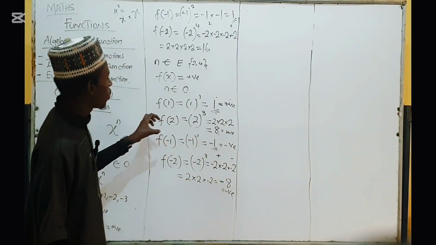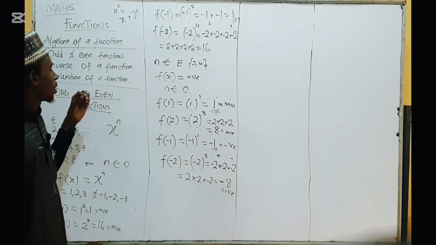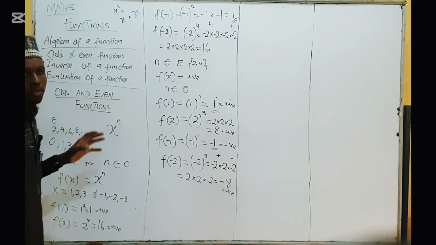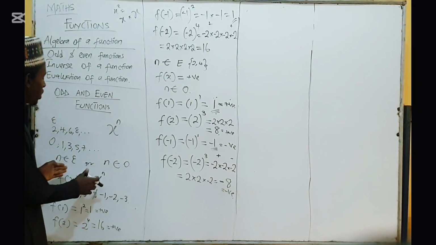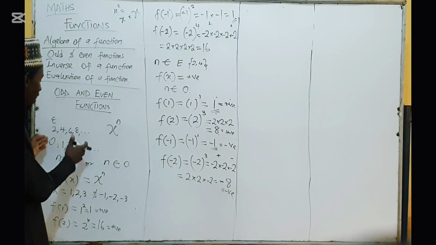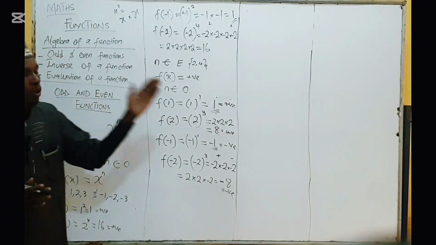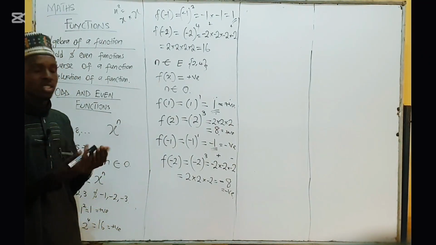So from this one, we can generate the meaning of what is meant by even and odd functions. Even functions are just functions which turn the negative inputs into positive inputs. That is, when you have positive inputs and when you have negative inputs, the results are the same.